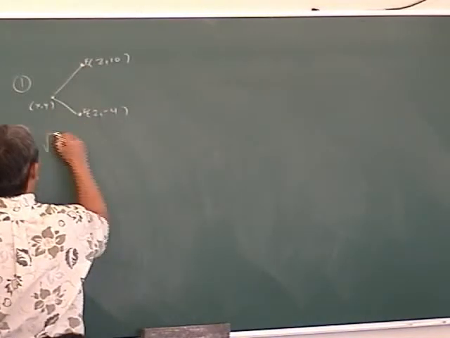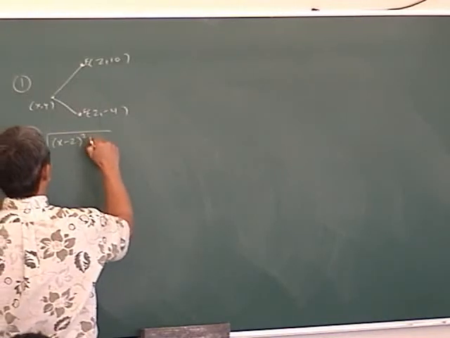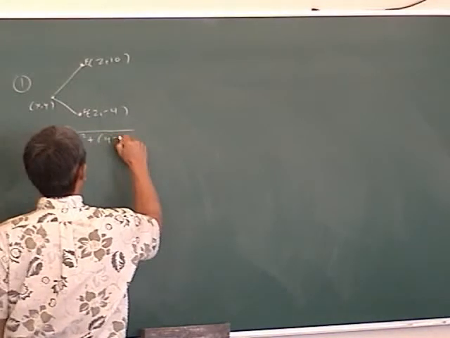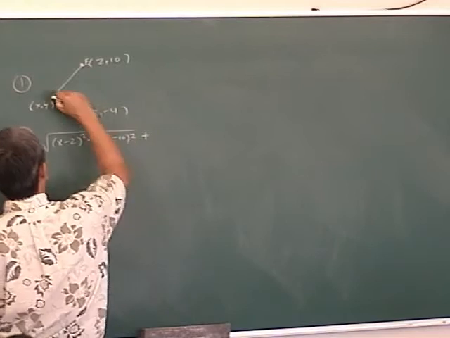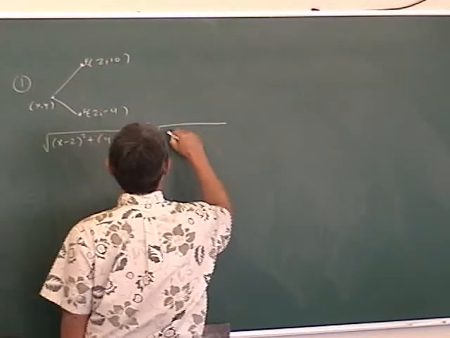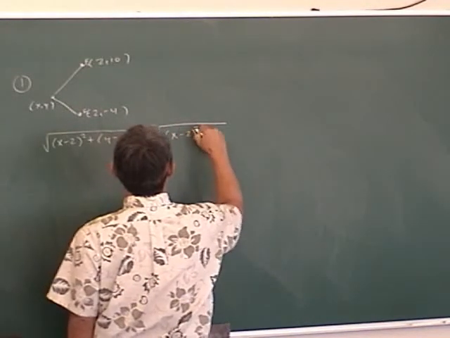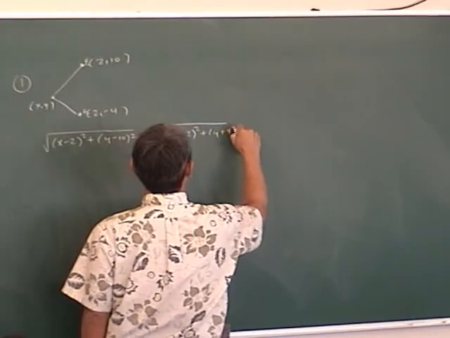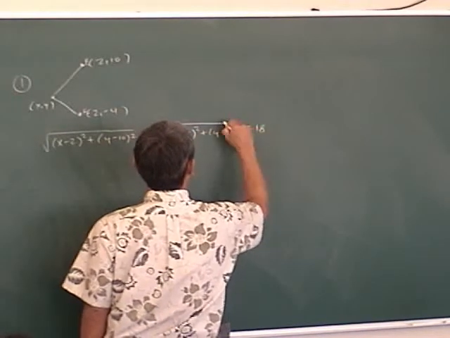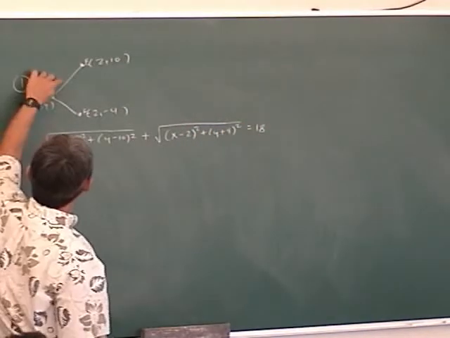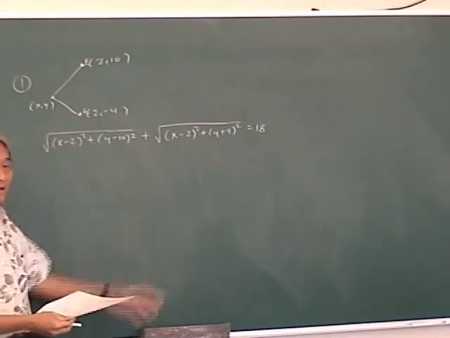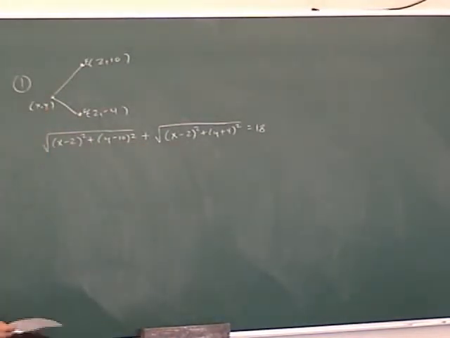Square root of (x minus 2) squared plus (y minus 10) squared, plus the distance from here to here, the square root of (x minus 2) squared plus (y plus 4) squared, is equal to 18. This distance plus this distance is 18, right there. That's the answer right there.